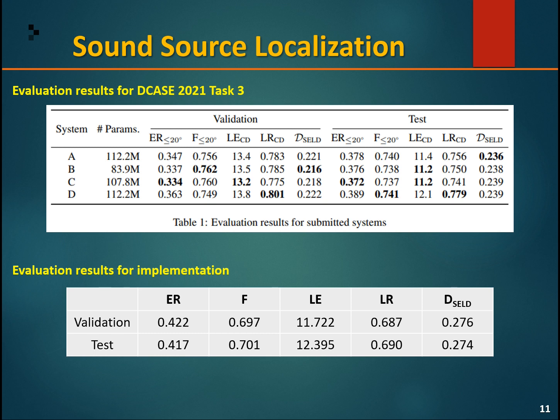So we basically want a low ER, high F, low LE, high LR, and a low SELD score.